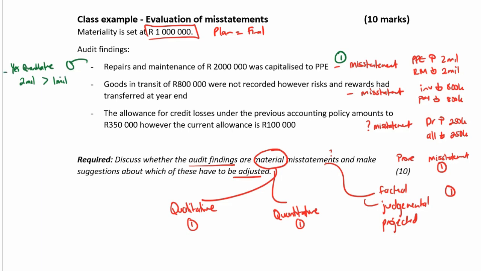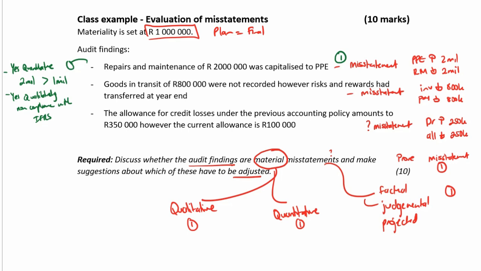Is it qualitative? Yes, it's qualitative. Qualitatively materially misstated. Why? Because it is non-compliance with IFRS. You could also say that it is going to affect key ratios.